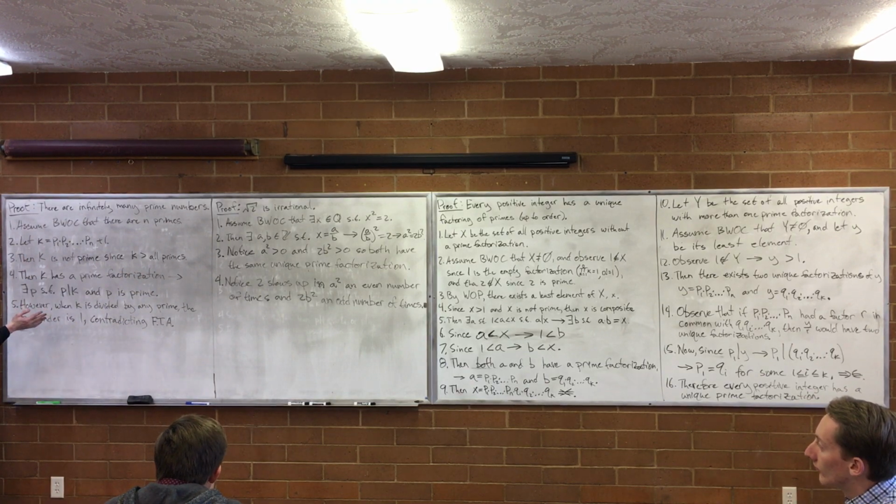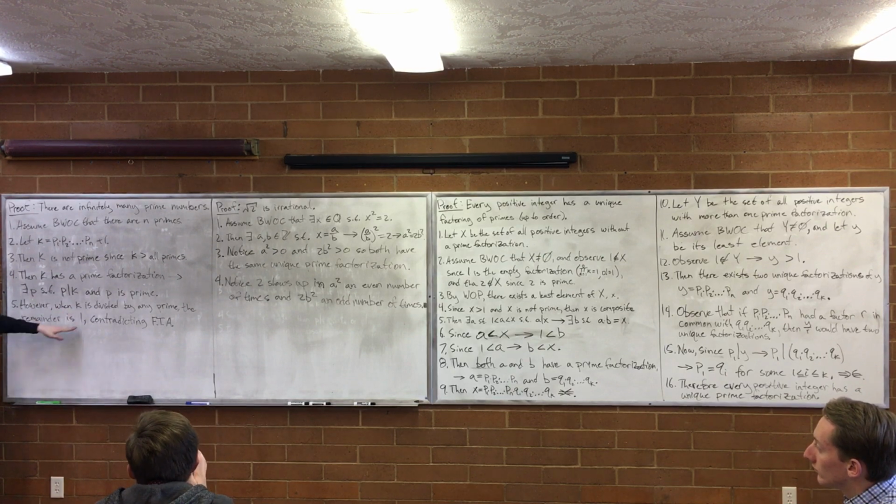If it has a prime factorization, then there has to be at least one prime that factors into k. At least one prime factor p divides k. There has to be at least one prime factor of k, right? However, anytime you divide k by a prime number, there's going to be a remainder of 1.